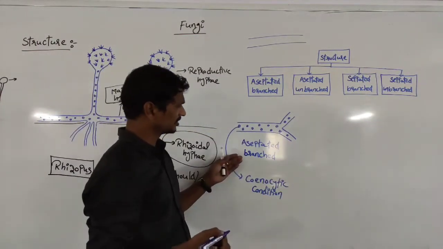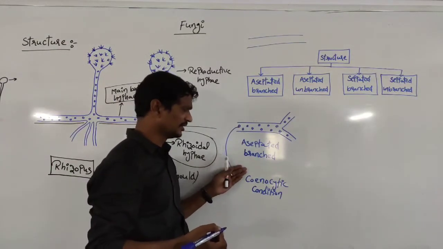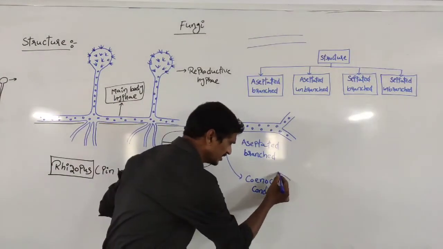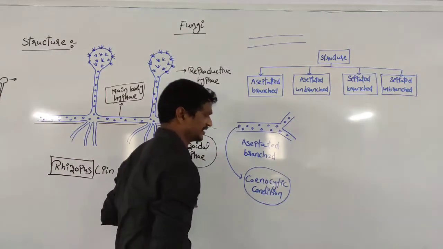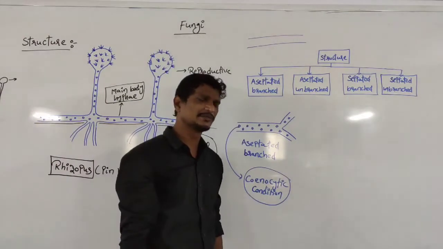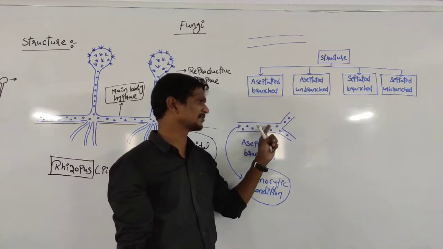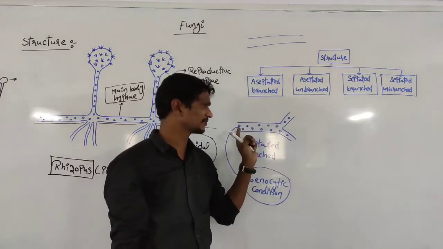So that is about aseptated branched. And remember, within this type, the coenocytic condition is maintained. Coenocytic condition is nothing but the multinucleated condition. Many nuclei are present.